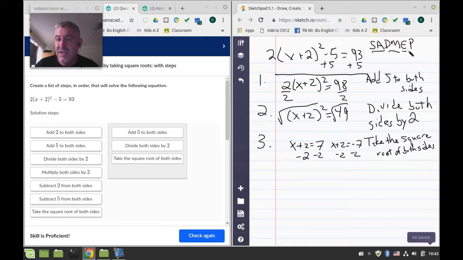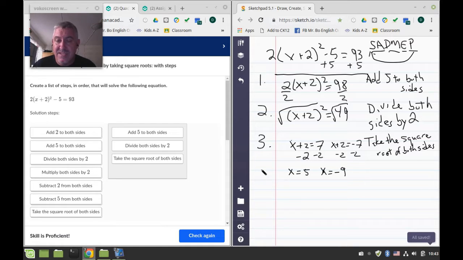Over here, because we broke up this parenthesis, when we go back inside the parentheses, we're going to start over. Okay, so x is equal to 5, or x is equal to negative 9.